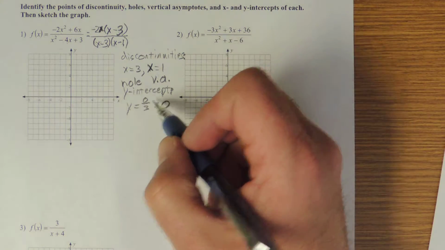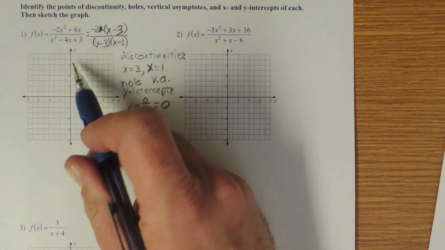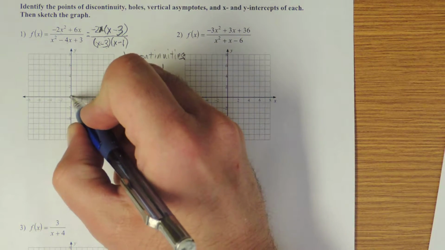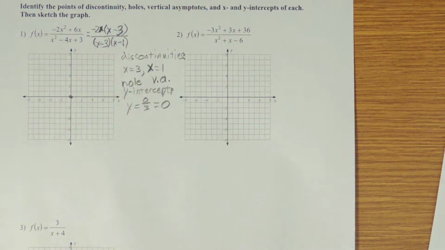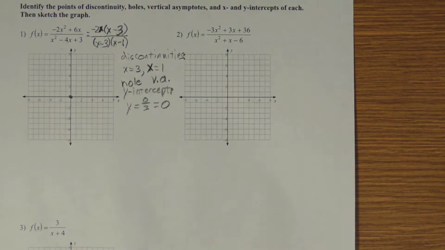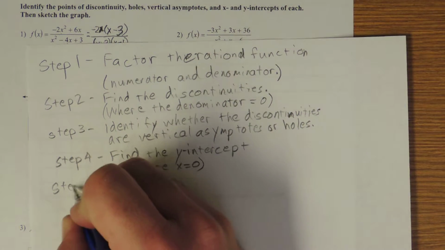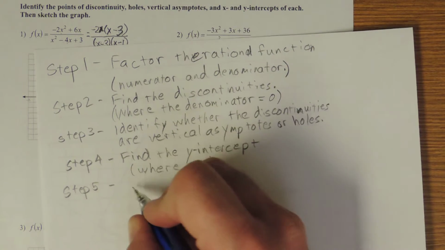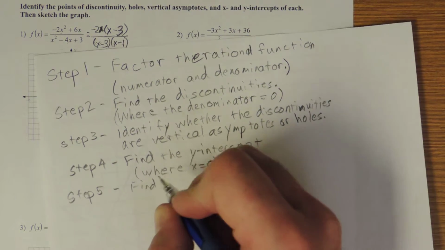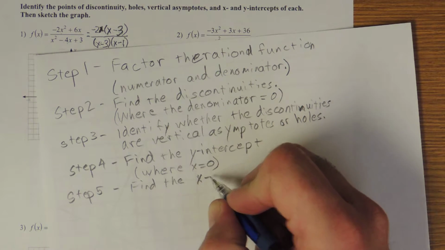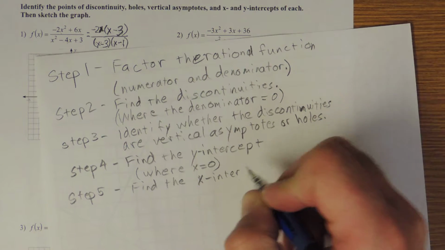And I'm going to put that on the graph. When x is 0, y is 0. So I've got something on my graph already. Step 5. Find the x-intercept.